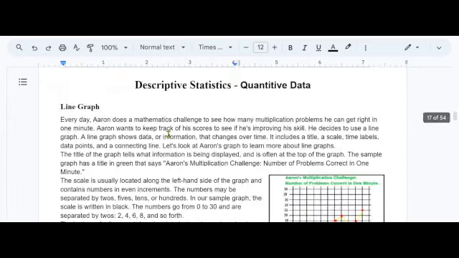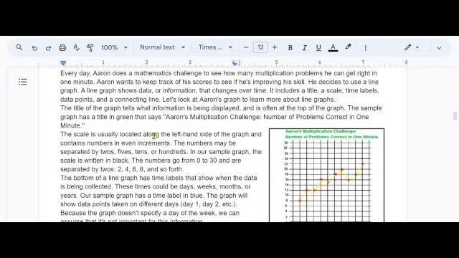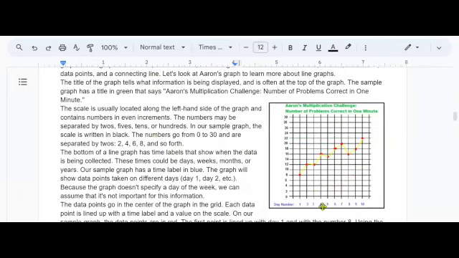Now we'll go for the second type, which is quantitative data. For quantitative data, we have different types. We have the point graph. Okay, I skipped that because it's easy. We have the line graph. All you have to do is put the numbers on the x-axis, and the y-axis is the frequency.